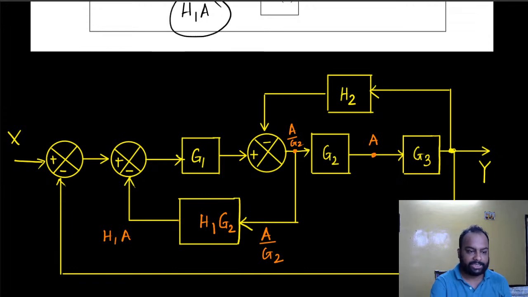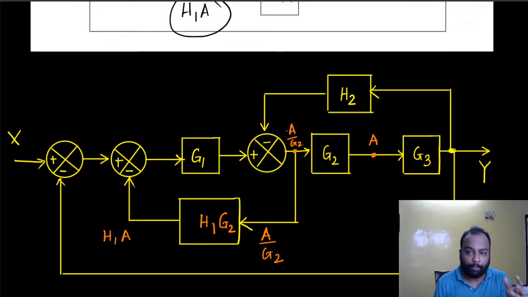So instead of pulling the signal out of this, if I pull the signal out of this, then I have to manipulate this transfer function into H1 G2, so that none of the input-output relationships is violated. I have not changed any signals. The point in block diagram algebra is that you cannot change signals. You can change systems so that the signals do not change.